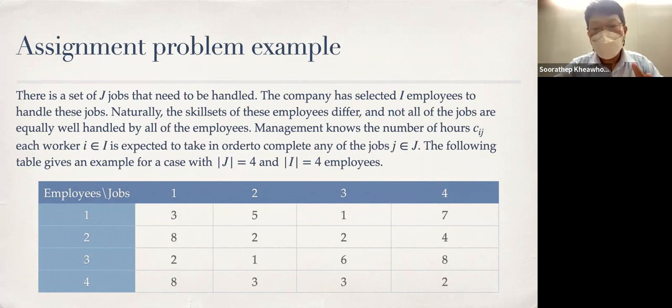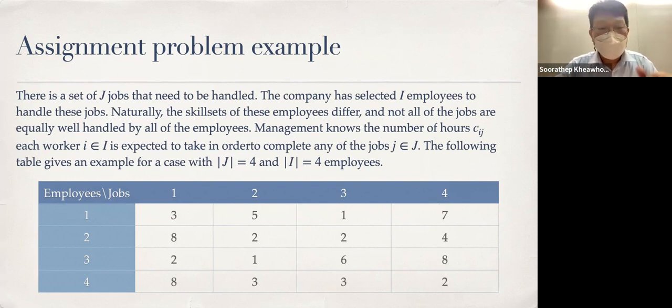Management knows the number of hours, we call it C_ij, that each worker i is expected to take to complete any job j. J is the number of jobs.